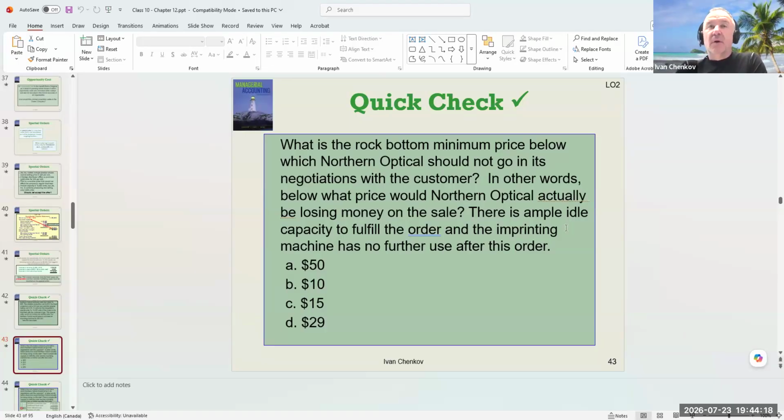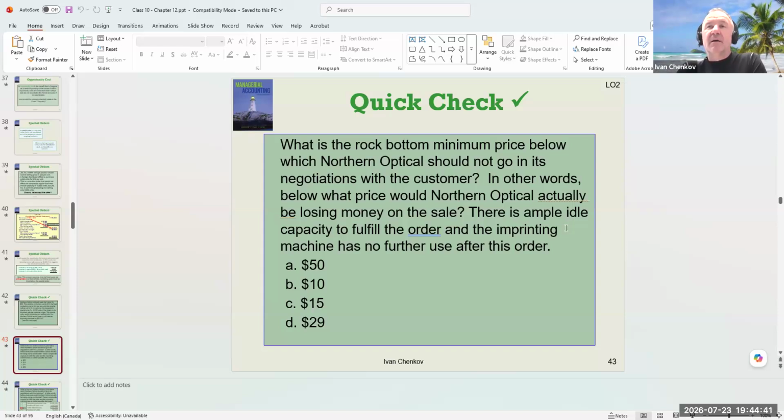The question is, what is the minimum price that we have to charge the client or the customer? In other words, below what price, at what point am I going to start losing money on this sale? The capacity is not my problem.